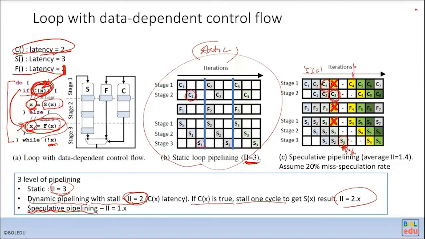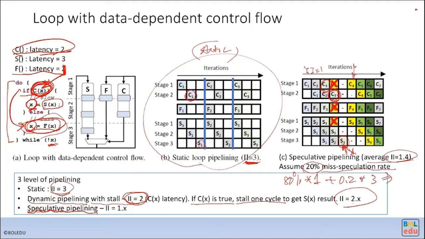Let's say you have a 20% speculation miss rate. Then what's the average II? There will be 80% at II equal 1 plus 20% at II equals 3.